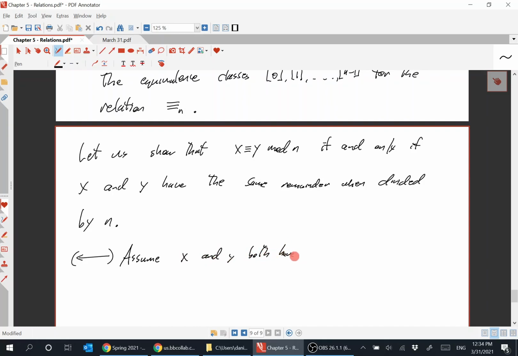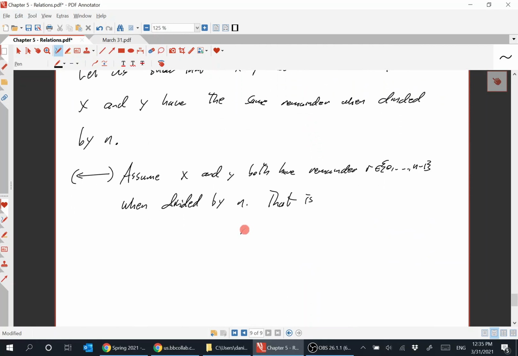Both have remainder r in 0 to n minus 1 when divided by n. That is, x is equal to n times k plus r, and y is equal to n times l plus r.